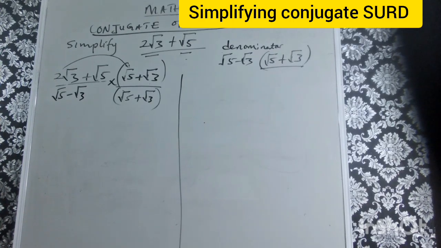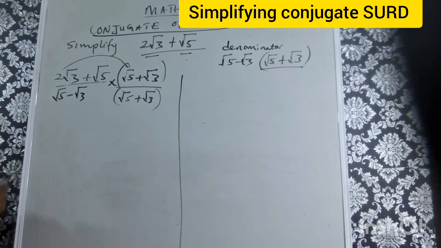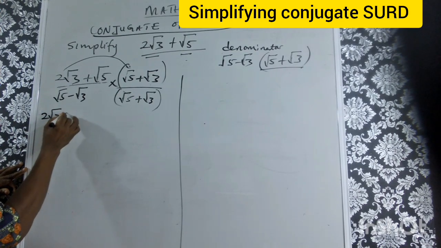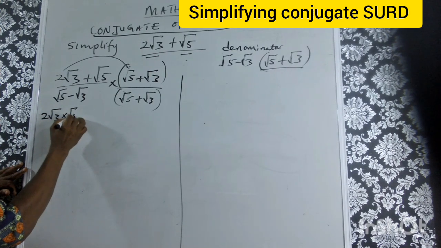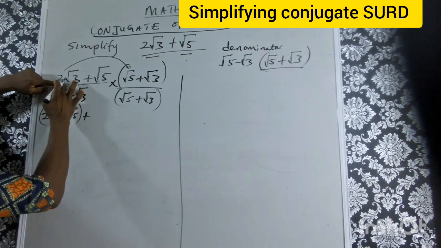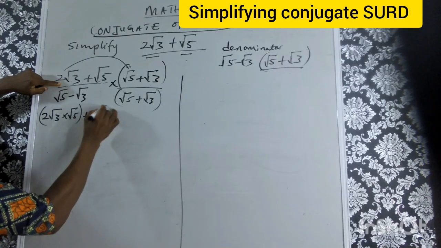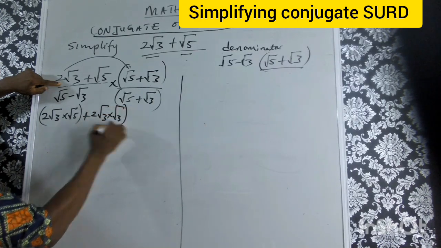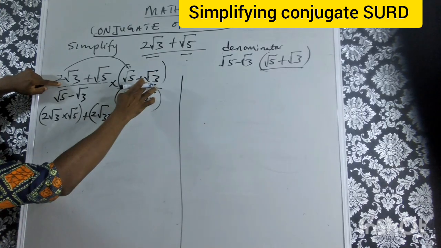Now we go. So we have the first one, 2 root 3 multiplying root 5. We have this plus, use this to multiply this, 2 root 3 multiplying root 3. We have done this.